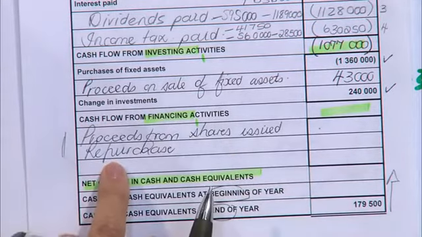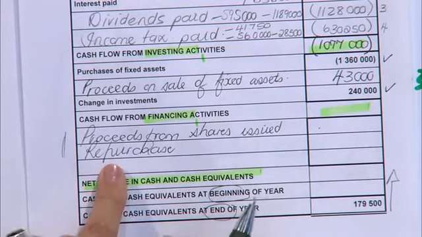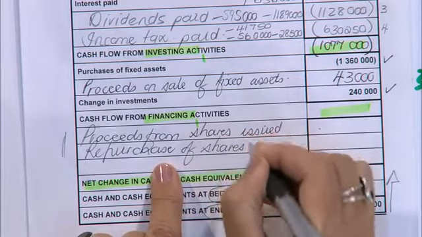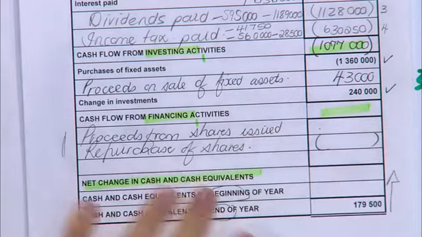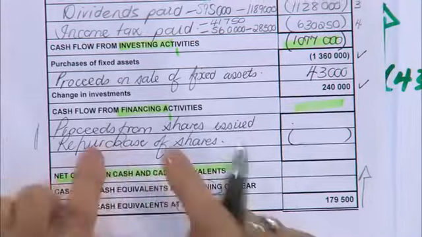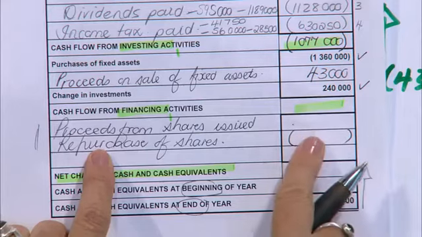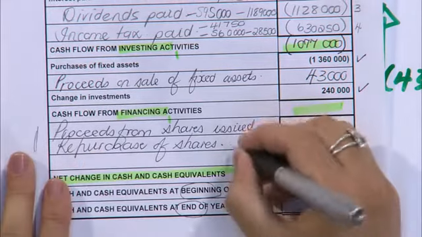It can be asked in the notes. We might have time maybe to do a note. Repurchase of shares. Why am I putting a bracket before even looking at the question? It says repurchase. I have to take money out of my bank account, cash outflow, to repurchase shares. Watch out for that one.